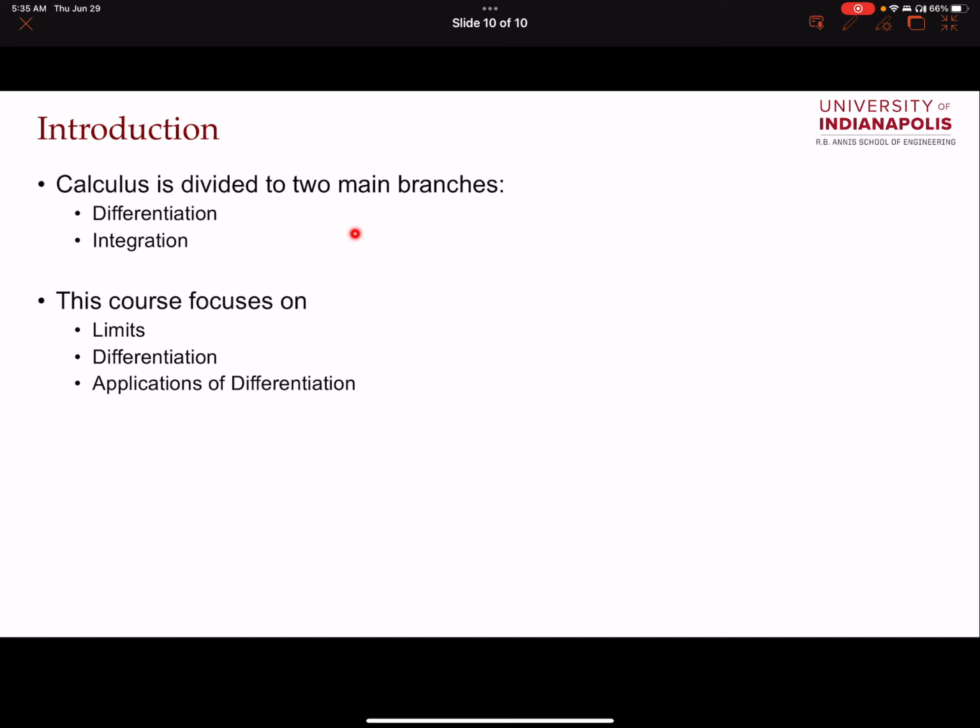So calculus has two main branches, differentiation and integration. In this class, we're going to focus mainly on differentiation. From that, we're also going to learn about limits, differentiation, and applications of differentiation. So this is chapter 2, limits, chapter 3, differentiation, and chapter 4, applications of differentiation.